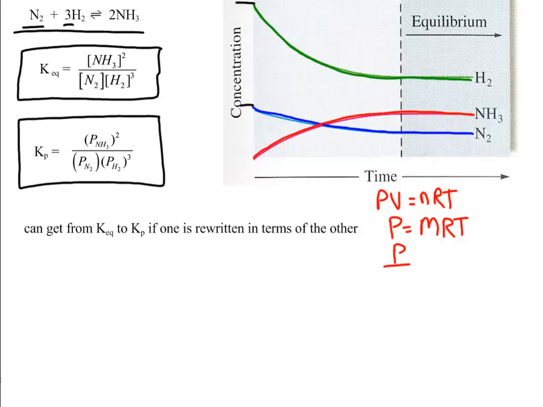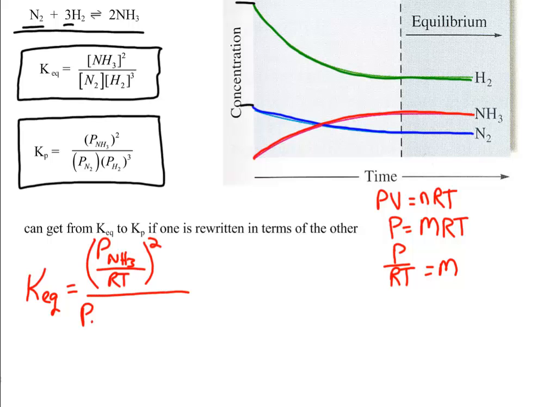So pressure over R times T equals molarity. So my equilibrium constant in terms of concentration is going to be pressure of ammonia over RT, and this gets squared, over pressure of nitrogen over RT times the pressure of hydrogen over RT. This gets cubed. Well, the pressures in that configuration is just Kp.